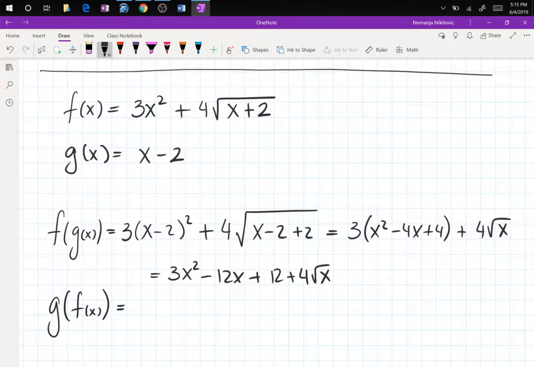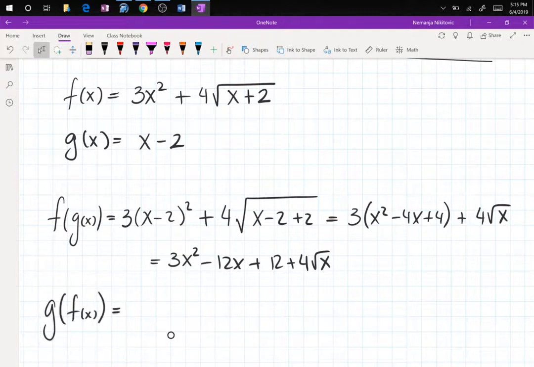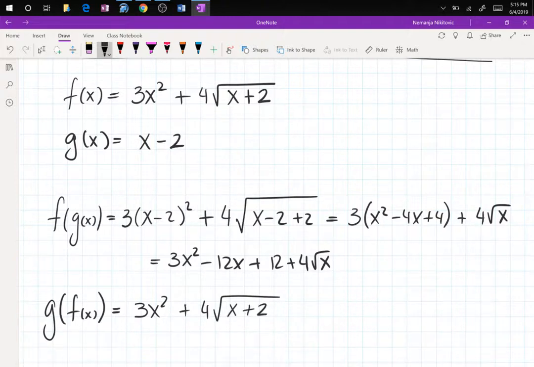What else? Or 3x squared plus 4 root x plus 2 in parentheses. Minus 2. Minus 2. Good.